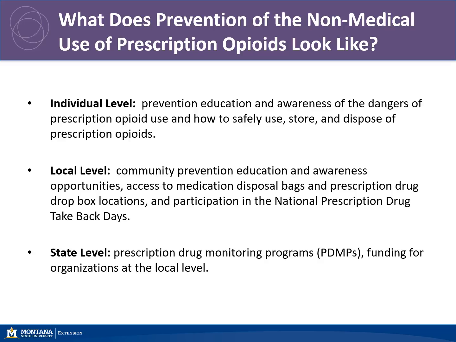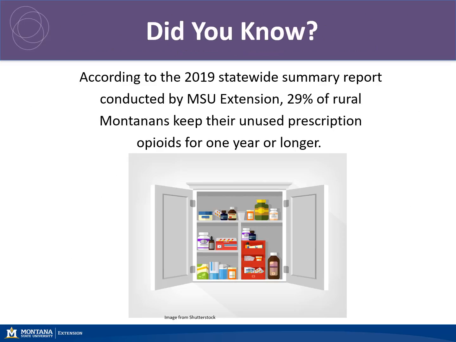PDMPs help providers identify patients at risk of non-medical use of prescription opioids, those that are at risk for opioid use disorder, and those that are at risk for overdose due to overlapping prescriptions, high dosages, or co-prescribing of opioids with benzodiazepines. Also at the state level, funding for county and local organizations across Montana to provide prevention education is a good way to prevent the non-medical use of prescription opioids.